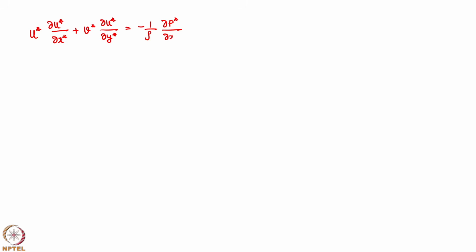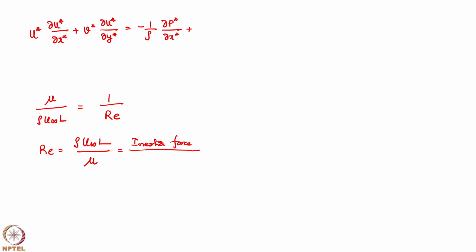by dou x star plus mu by rho u infinity L, that is nothing but 1 by Reynolds number. If you recall, Reynolds number is rho u infinity L by mu, that is inertia force divided by viscous force. That is the Reynolds number.